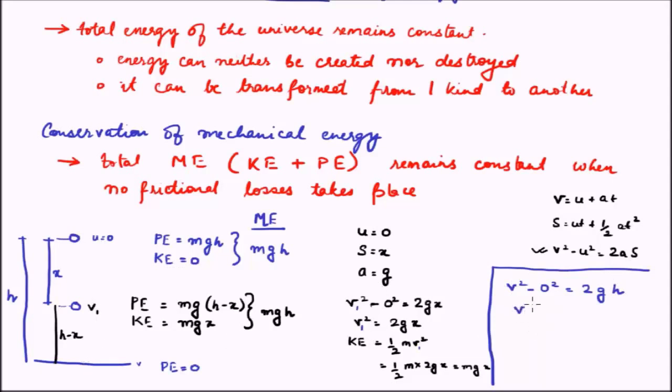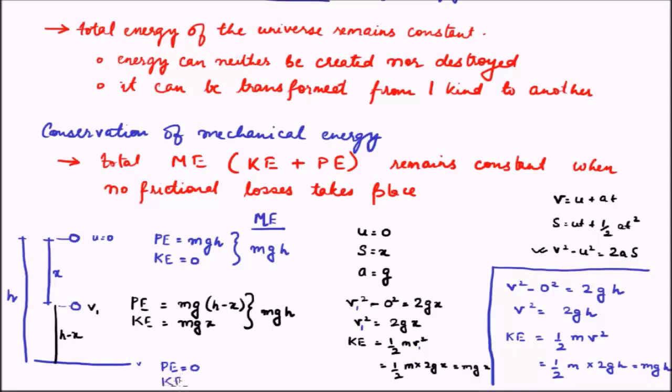This gives us v square is equal to 2gh. Now kinetic energy at bottom will be half times mv square, that is half times m into 2gh. 2 cancels, so this is the kinetic energy at the surface of Earth.